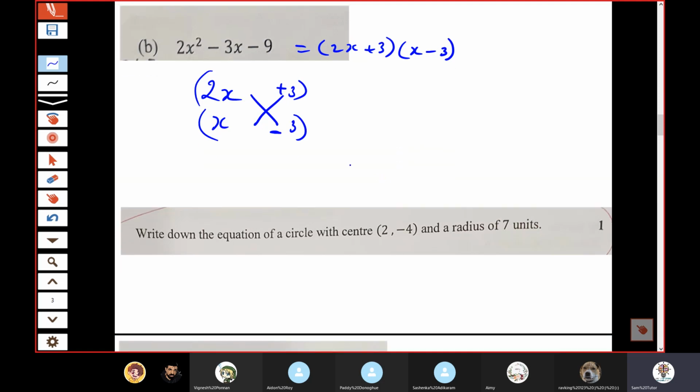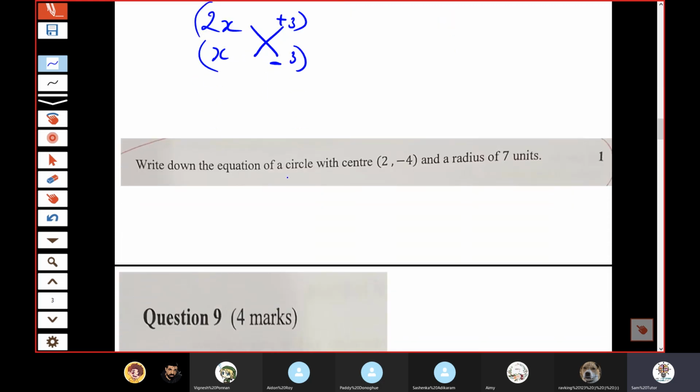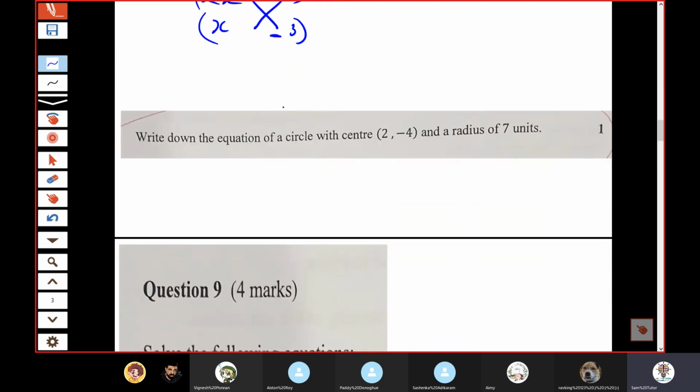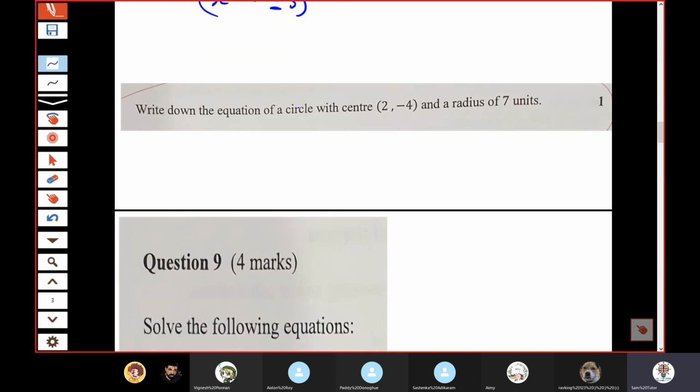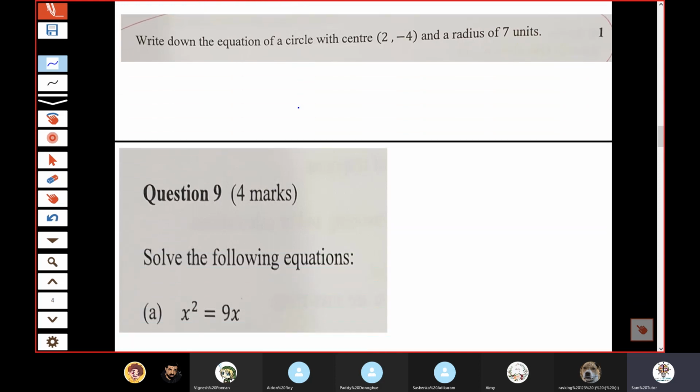Okay. Again, any questions? Write down the equation of a circle with center 2 and -4 and radius of 7 units. Someone want to give this one a shot? Write down the equation of a circle. Squared, Ethan? You're going to say squared plus? You are correct. Equals?